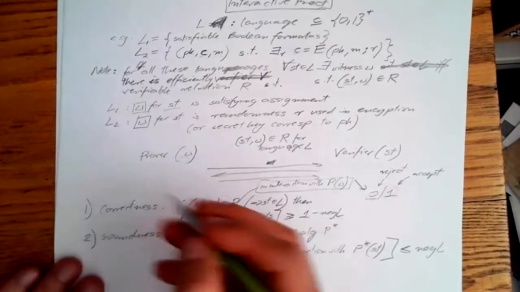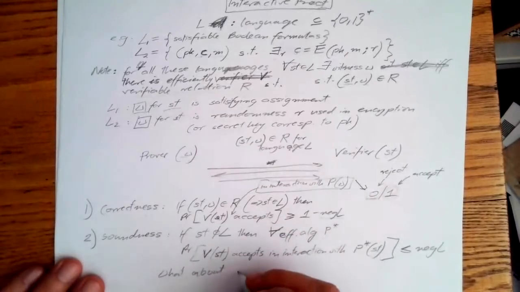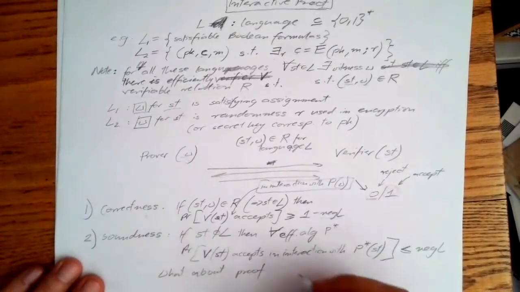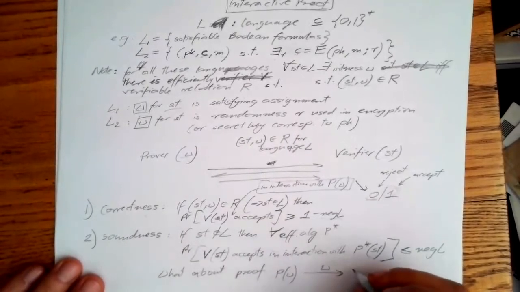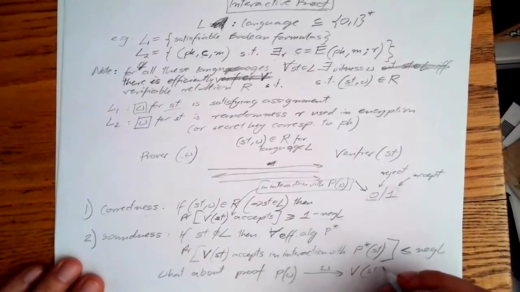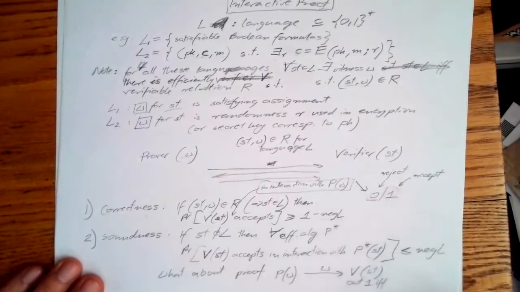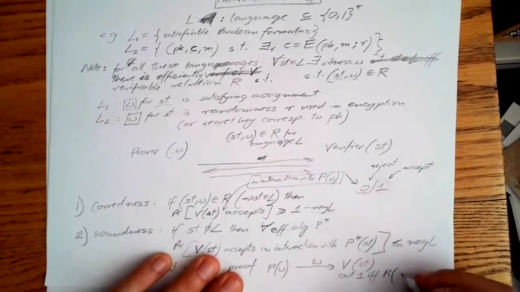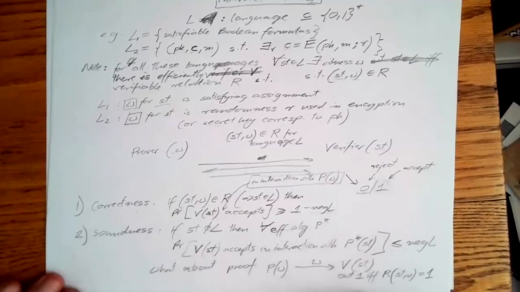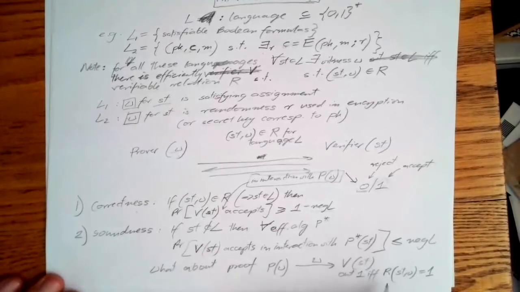What about a proof in which the prover on W simply sends W to the verifier, and the verifier locally outputs 1 only if the relation between the statement and the witness holds? Okay, it's an efficiently verifiable relation.